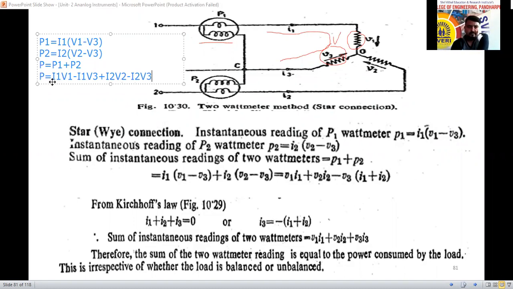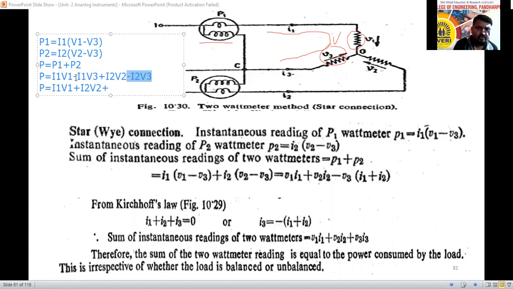Next, I1 V1 and I2 V2 we keep as they are. So P equal to I1 V1 plus I2 V2, and then minus I1 V3 and minus I2 V3.